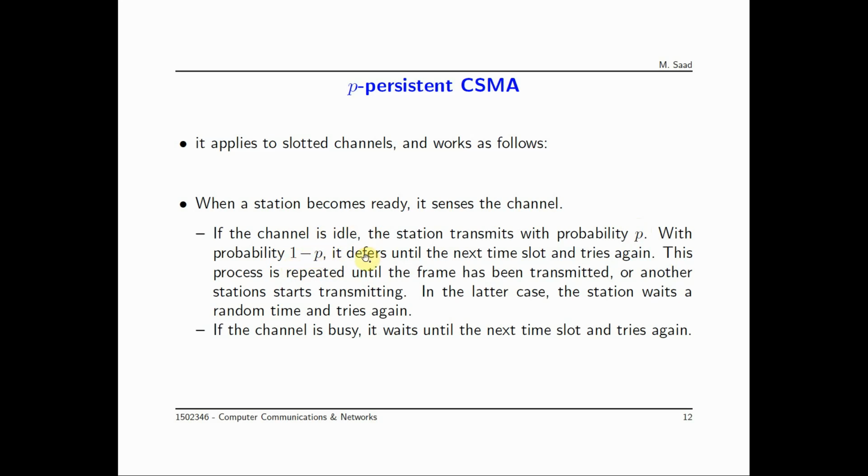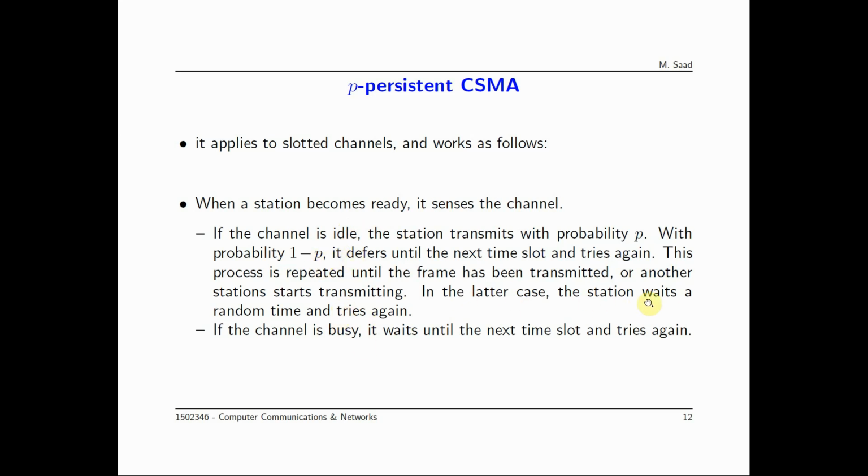And in this case, you will defer. You will wait until the next time slot and then try again by sensing the channel. This will keep going, next time slot, until your probability test is successful. Or maybe although you started by finding the channel idle, your probability test was unsuccessful, so that someone else started transmitting, and in this case, you will find the channel busy.